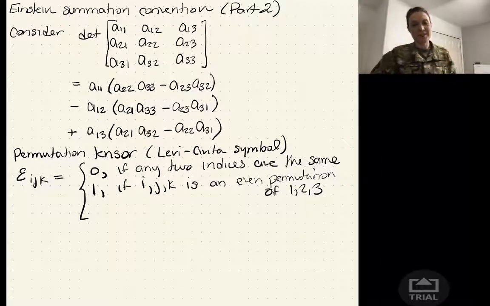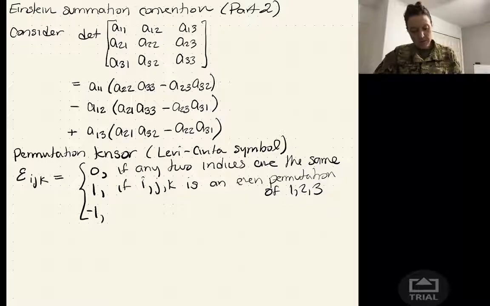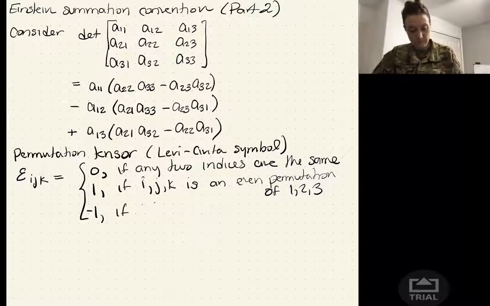Okay, so what do I mean by that? I will explain that in 1 second. So epsilon is equal to -1, hopefully you are tracking this pattern here, if i, j, k is an odd permutation.